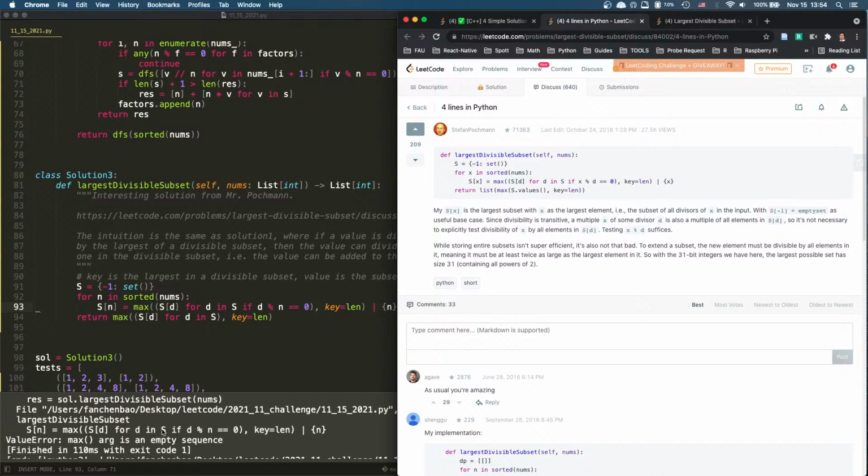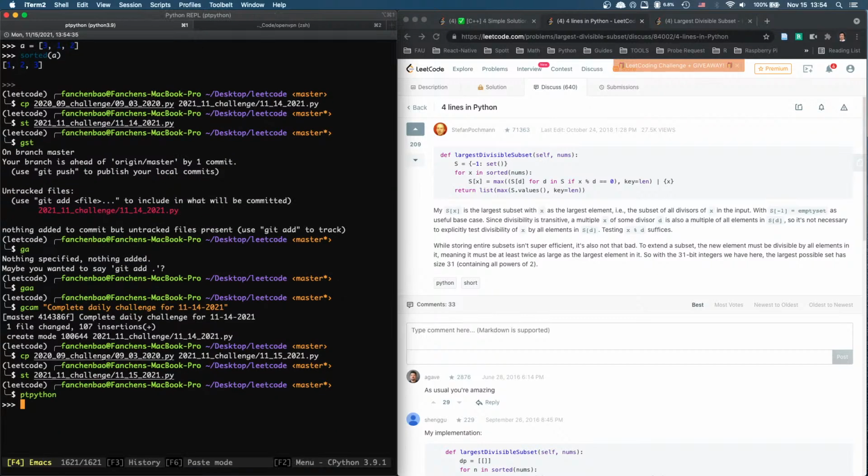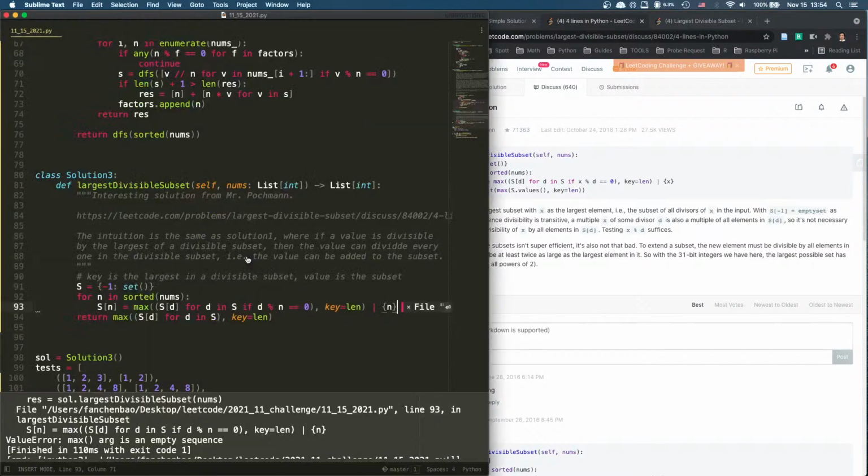And it tells me max is an empty sequence. Oh, -1. Maybe it's Python 2 and Python 3. Say 2 divided mod -1. Yeah, that is 0. What the hell? For d in s? Oh, shoot. n.